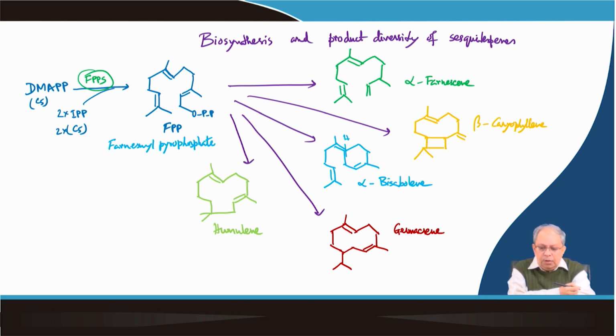So, in the hops flower you will find humulene, and the product diversity is much more in sesquiterpenes than that of monoterpenes, although formation is a bit more complex.